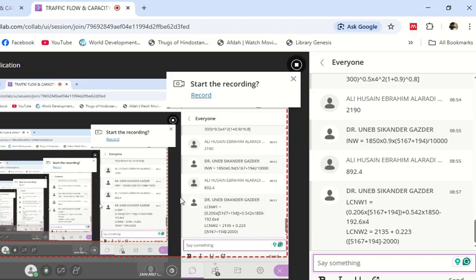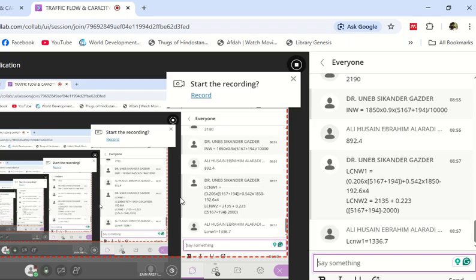Yes, give me both these values. Okay, and the other one.